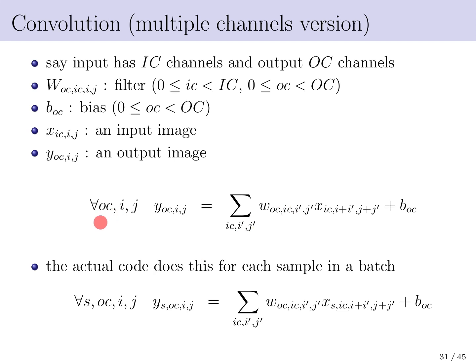And what's more, in the actual code, it does this operation for all the samples in a mini batch. So it introduces another variable s that denotes a particular sample in a mini batch.